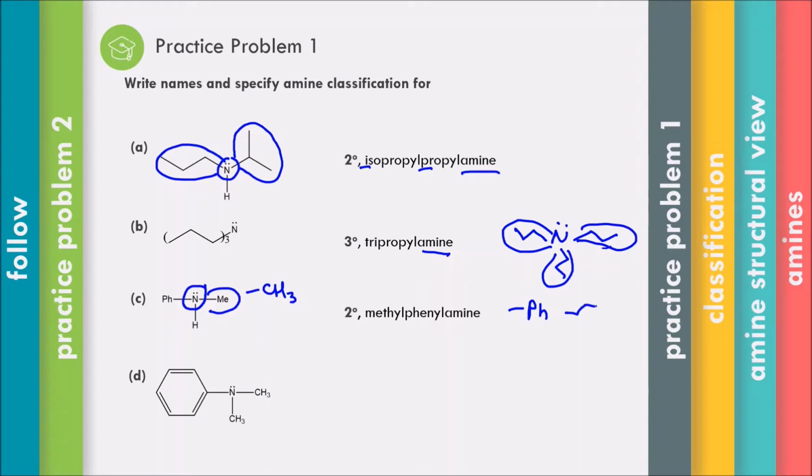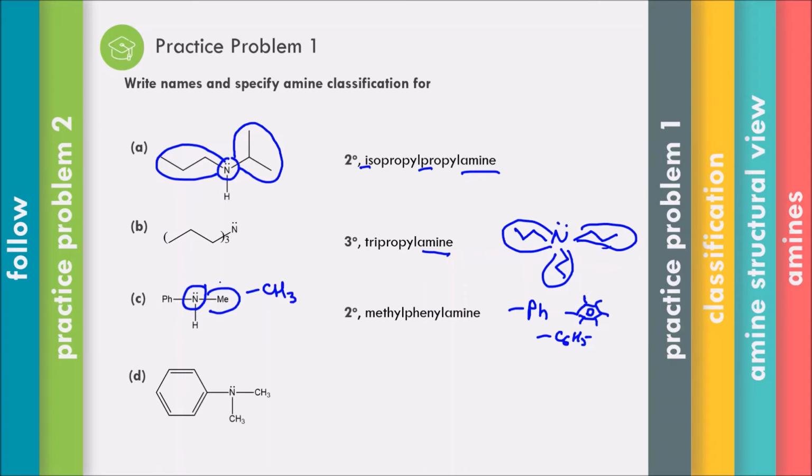Also, it could be written as a 6 carbon ring with a circle, or alternating double bonds, or sometimes it's just written as C6H5. The reason being because it's a 6-membered ring, and each carbon, except for the connection, has hydrogen. So there should be 5 in total. That's why it's C6H5, and we refer to it as a phenyl.